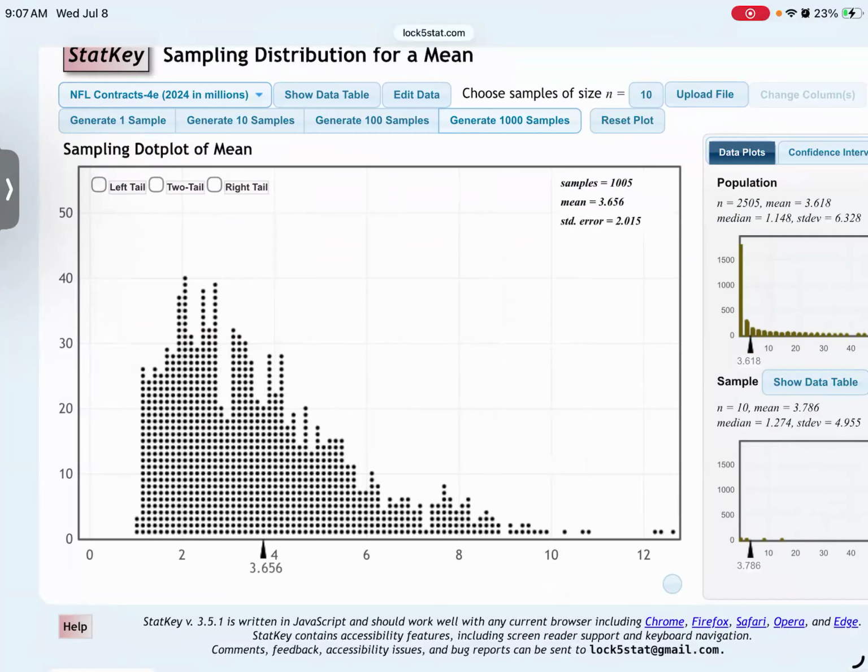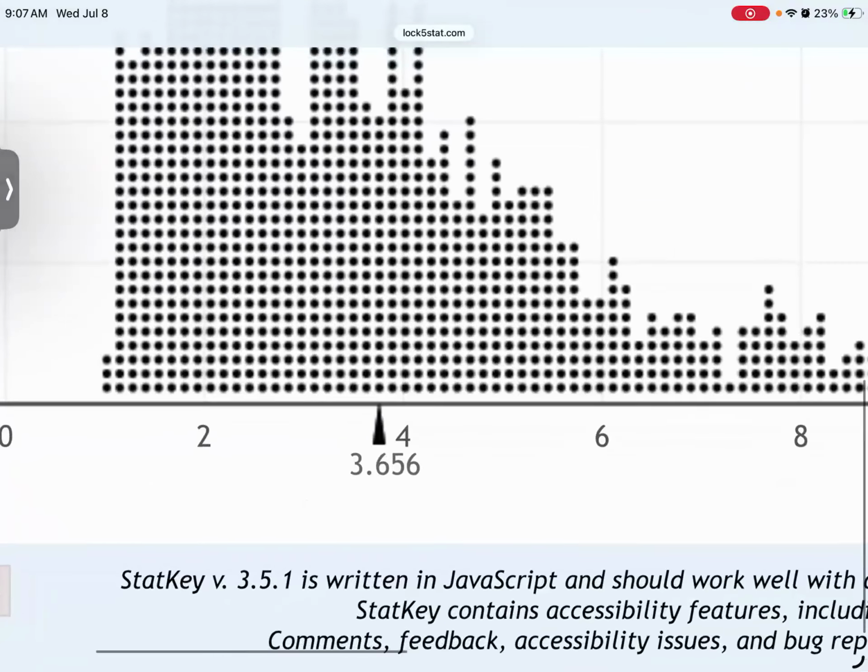And you can see the graph there, and it's skewed to the right because not a lot of players are getting super high, ridiculous millions of dollars. Most of them are still going to be kind of at the center of the graph.